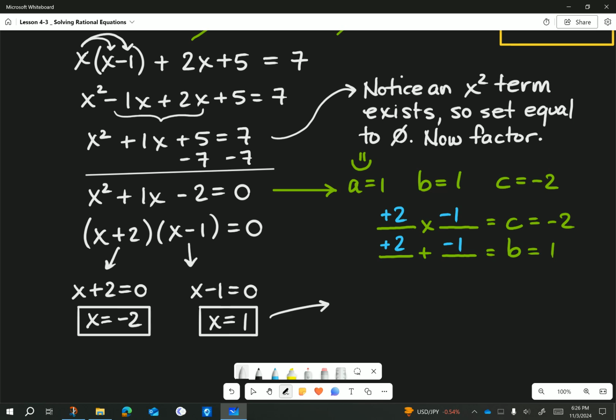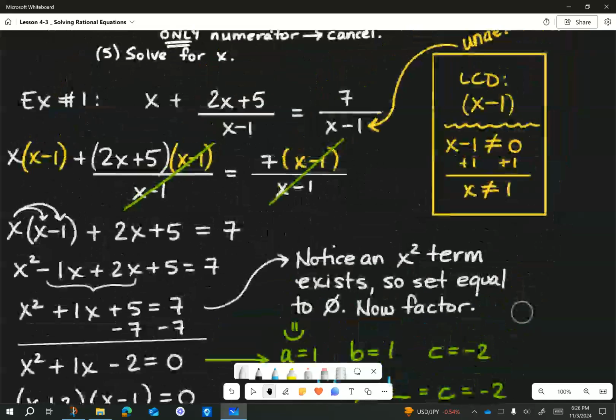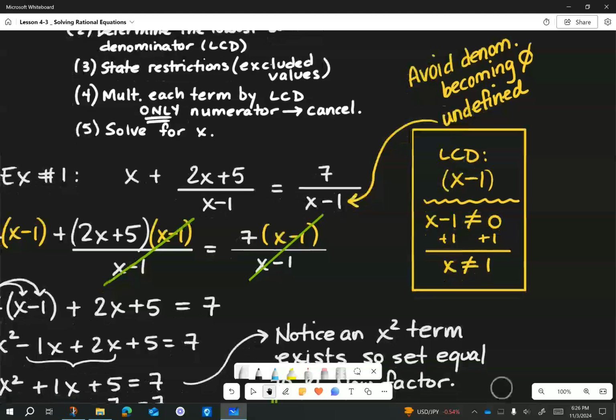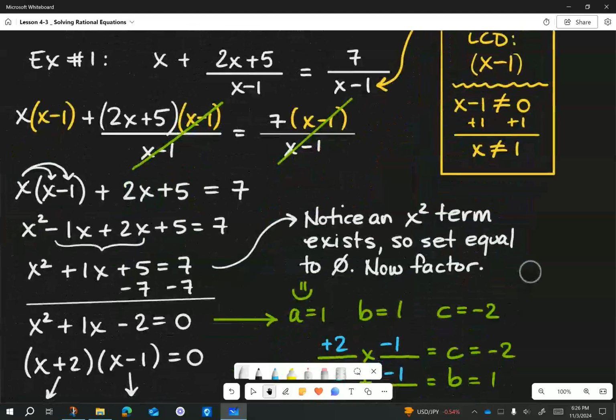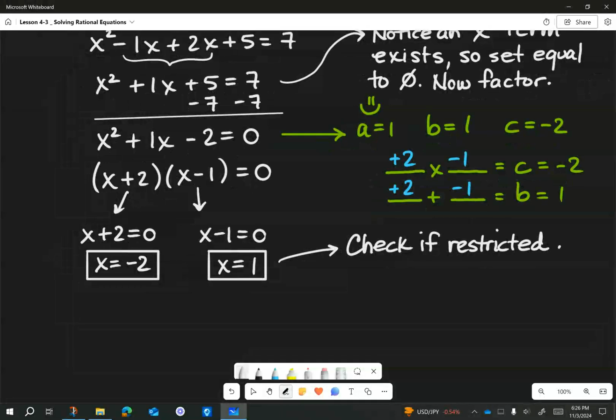Always check if they are restricted. So you're going to look back at that side box that I wrote upstairs. And according to your restrictions from step number 3, x is not allowed to be a 1. And you boxed in a 1.